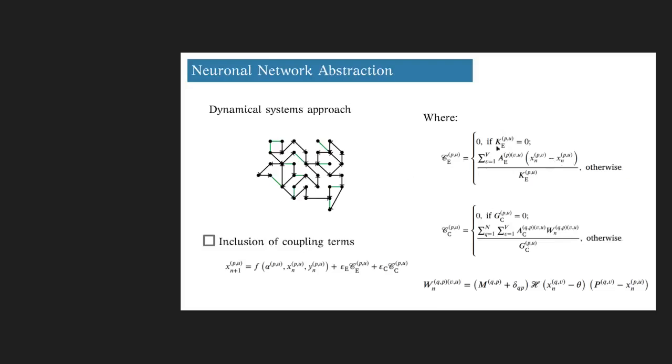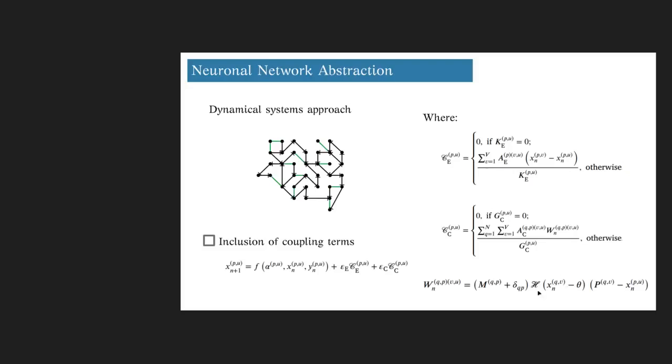So we normalize both by the total of connections in each neuron, and see that the chemical connections depend on a threshold theta for their effectiveness.